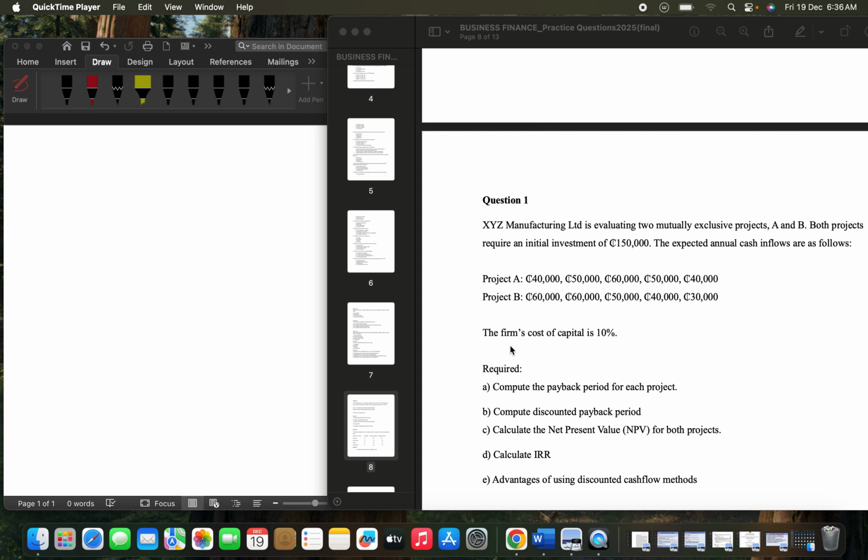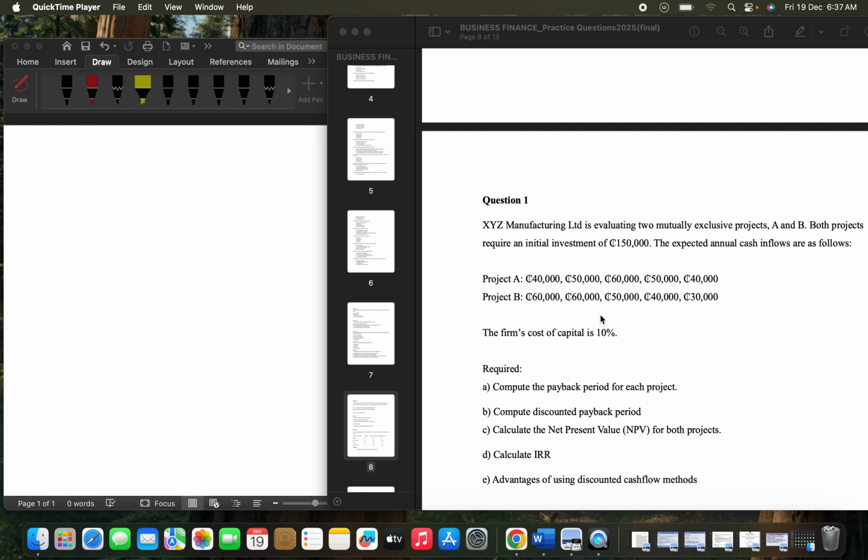Now with this particular question, we have tricks in it. The question stated that the expected annual cash inflows are as follows, so I will just pick the cash flows here and start solving.